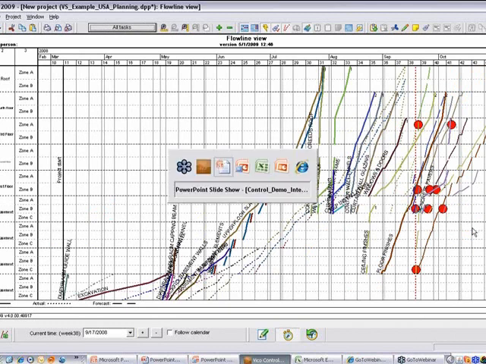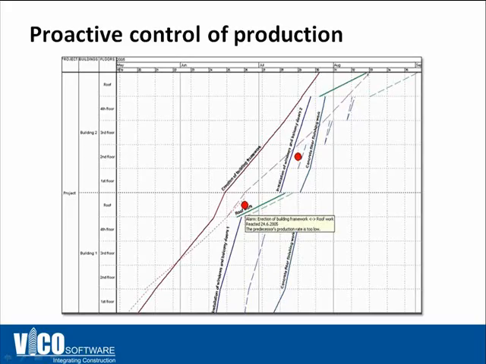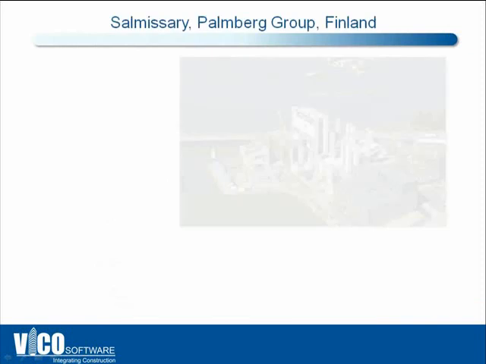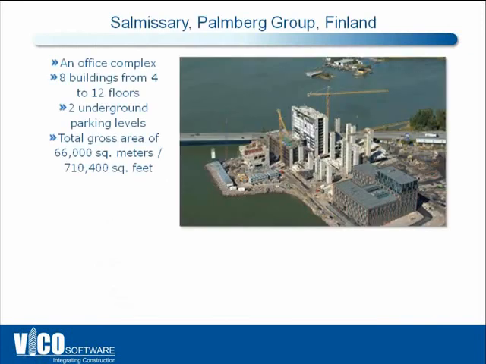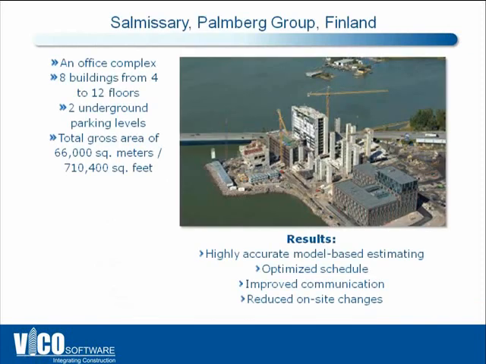One project that we worked on recently is an office and lab building in Finland where we helped the general contractor optimize their production using a 5D model. So they used actual quantities to optimize the construction of this 700,000 square feet office and lab building.